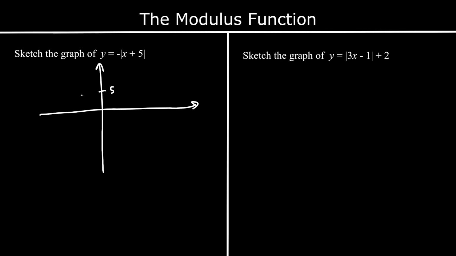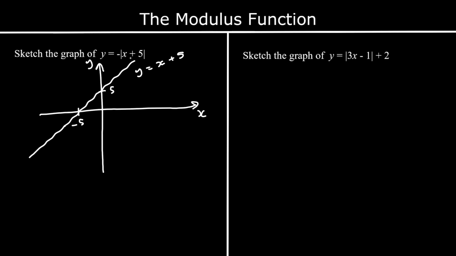It's got a y-intercept of 5, gradient of 1, and crosses the x when y equals 0, so that'll be at negative 5. So that's our original graph. That's y equals x plus 5.